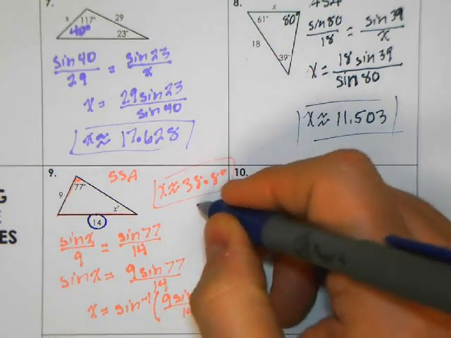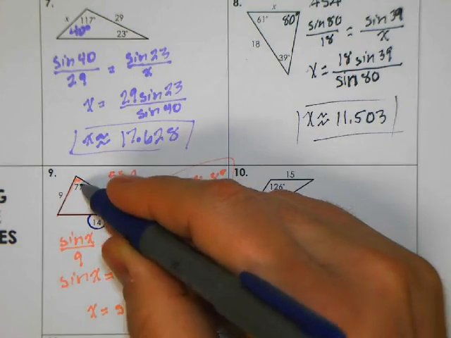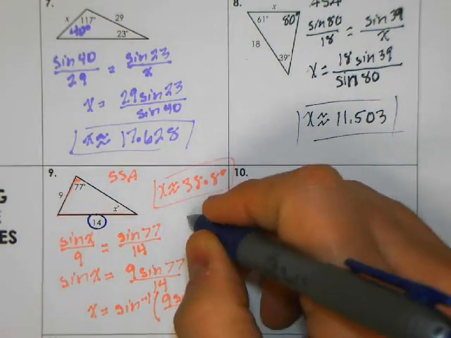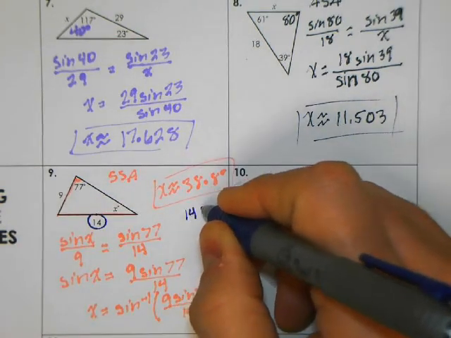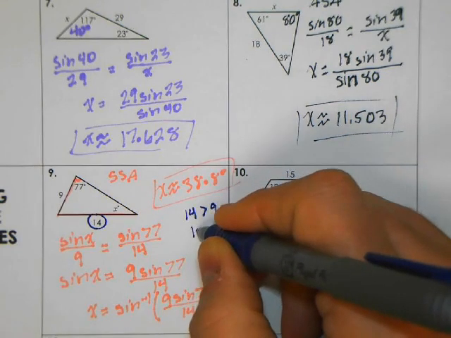So in this case, because the 14 is greater than the 9, that means there's only one possible solution here.